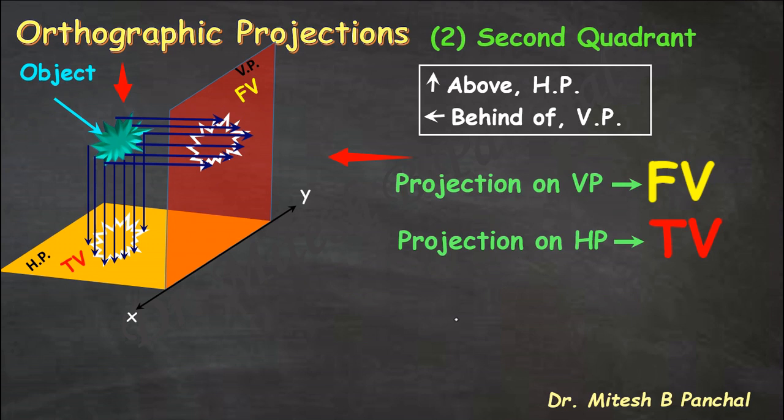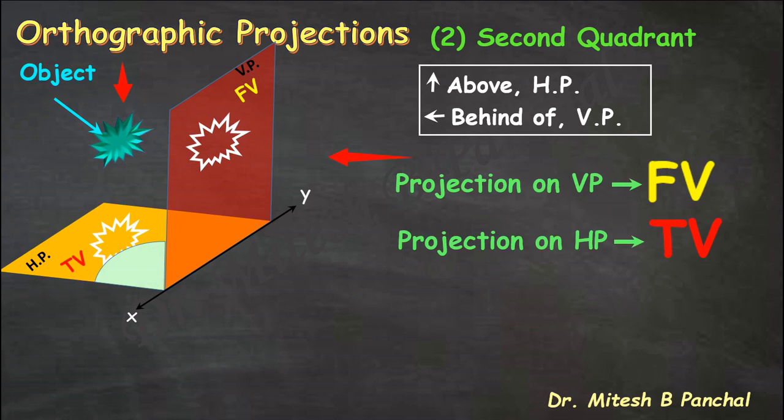Okay. Now again the same rule you have to follow. You have to keep the position of VP unchanged and you have to rotate HP in clockwise direction through 90° about the reference line, right? So ultimately, on VP we have front view, on HP top view.